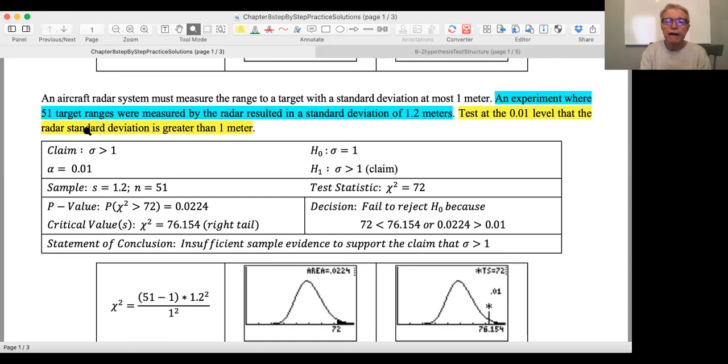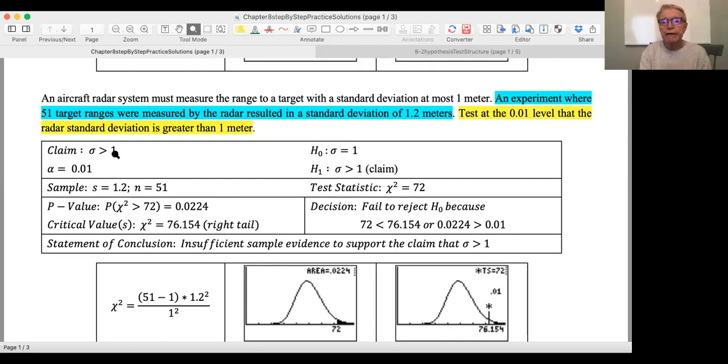So we've got a parameter, we've got a relationship, and we have a number. Sigma is the parameter. Greater than means this symbol, and 1. So we have our claim, and we take this out, 0.01, we know that's the significance level, we know that's alpha, and so alpha equals 0.01.